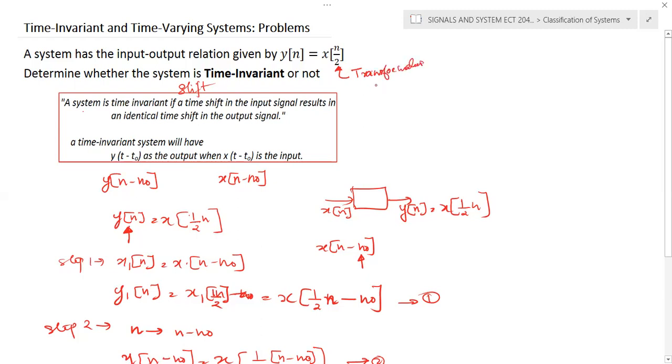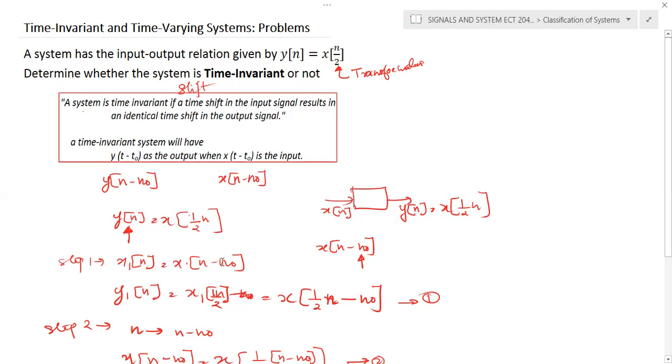If there is a transformation in the independent variable, mostly that system will be a time varying system. So always remember terms like x of n by 2, x of 2n, etc.